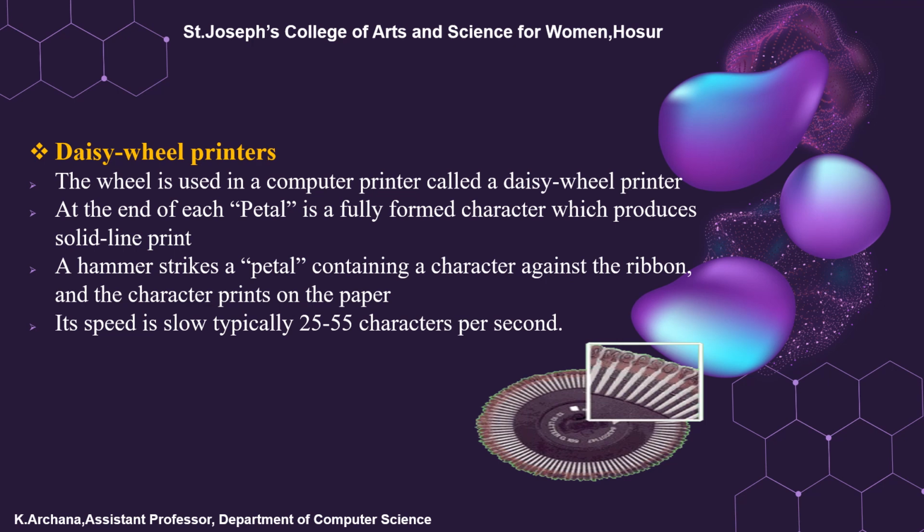A hammer strikes a petal containing a character against the ribbon and the character prints on the paper. Its speed is slow, typically 25 to 55 characters per second.